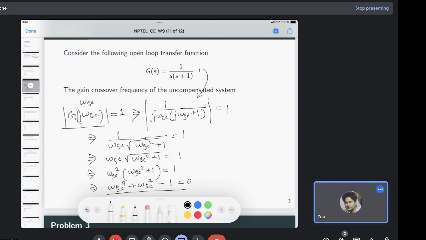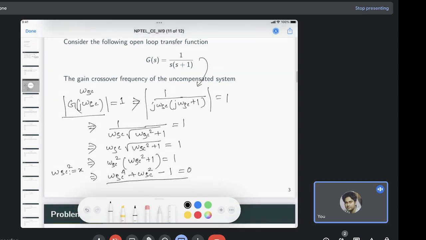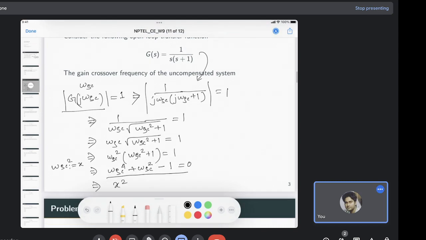If we take omega gc square equal to x, it is simply x square plus x minus 1 equal to 0. So we have a quadratic equation which we can easily solve. Omega gc square is the solution of this quadratic equation, and using a calculator we can easily find the two values: one is 0.618 and the other is minus 1.618.